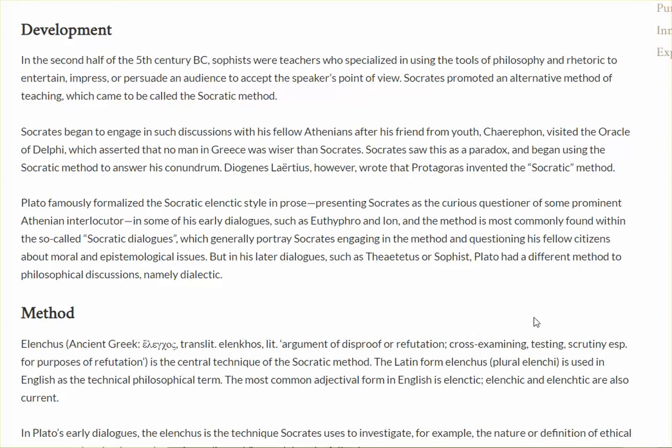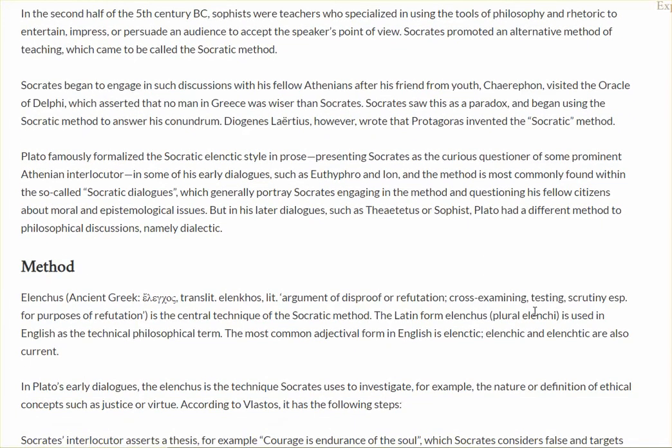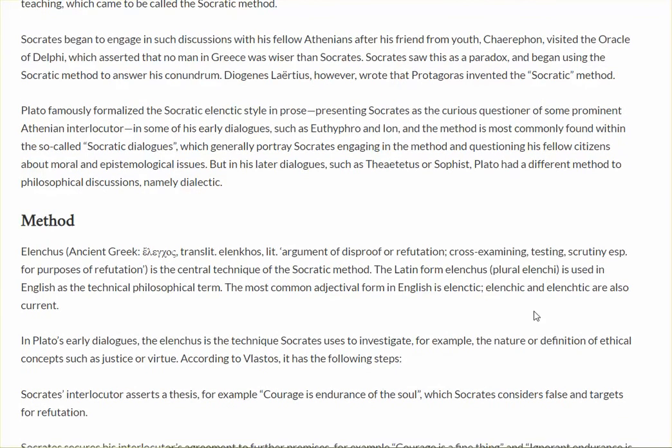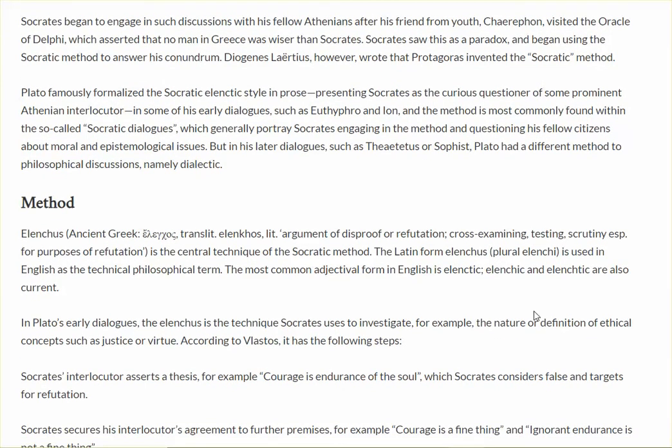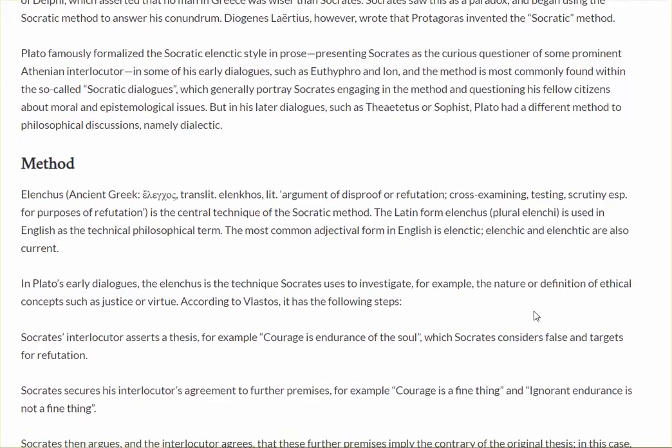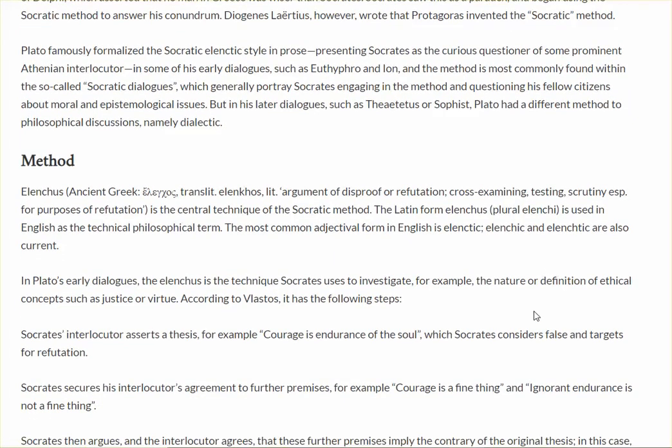Now, Plato formalized the Socratic elenctic style in prose, presenting Socrates as a curious questioner of some prominent Athenian interlocutor, which we call Socratic dialogue. Plato had a different approach to philosophical discussions, namely dialectic.